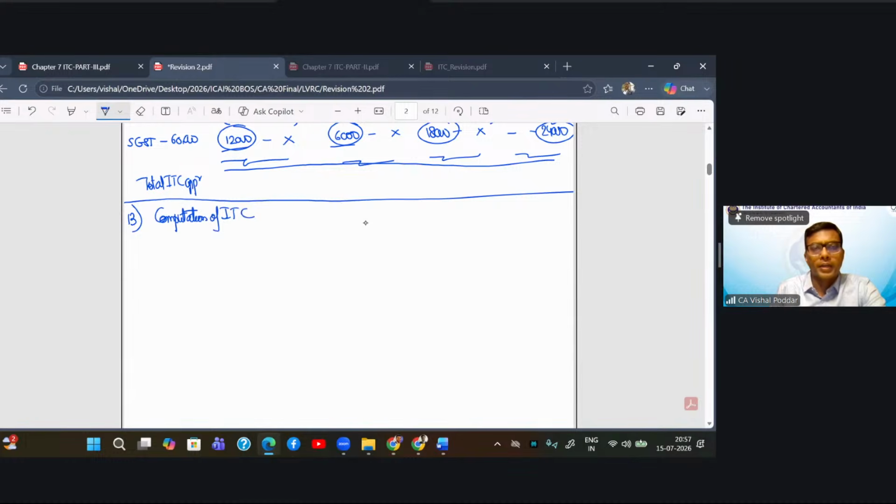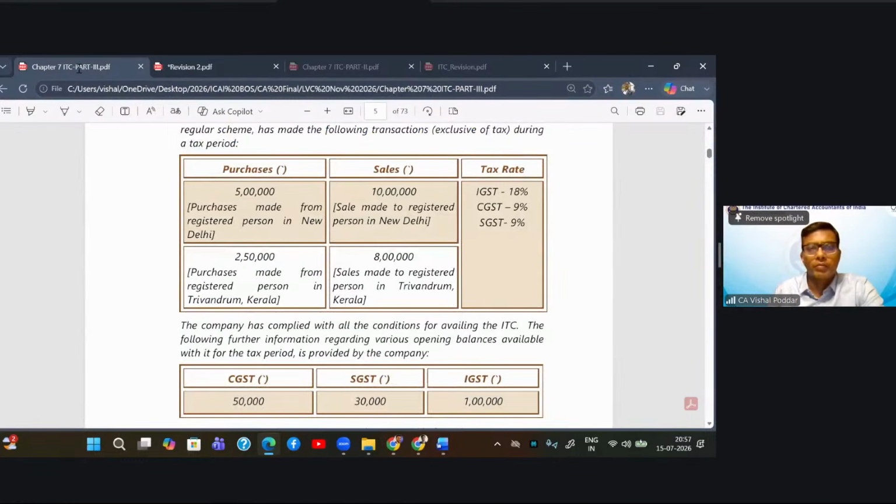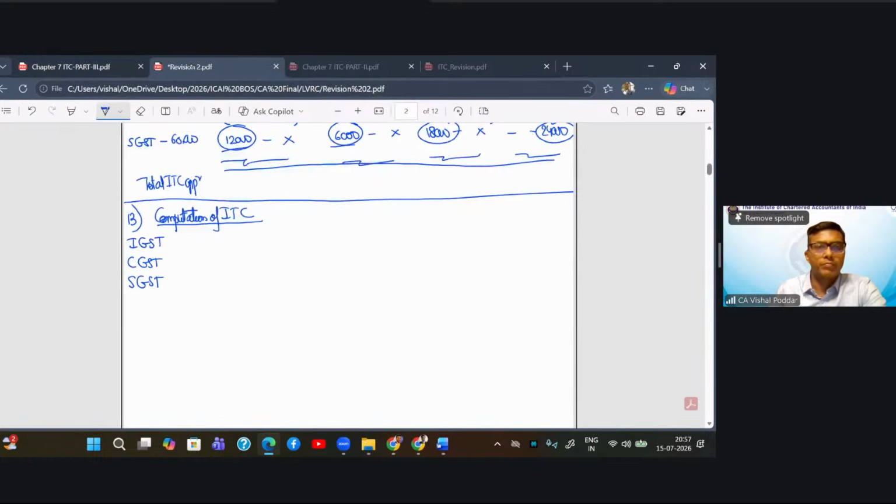Computation of ITC. IGST, CGST, SGST. So purchase of 5 lakhs, which is from interstate. So 5 into 18. Correct?